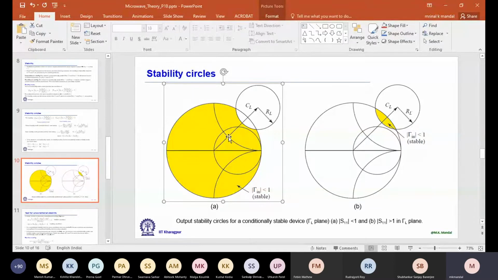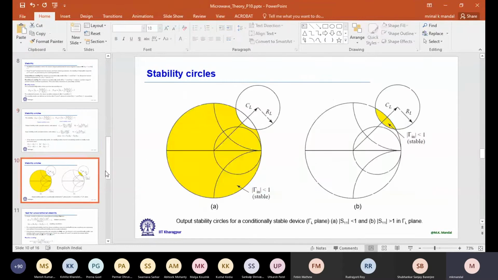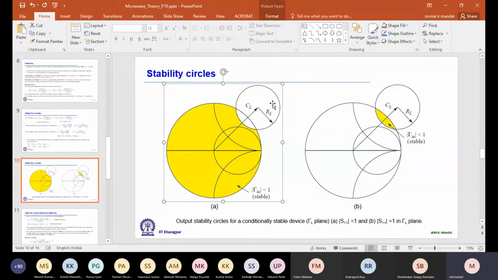Before that, let us define one more situation. If the device is unconditionally stable, then the stability circle must be completely outside or totally inside the Smith chart. Here we have an issue. Let's say this is the stability circle we drew, and this is the gamma in equal to 1 circle.